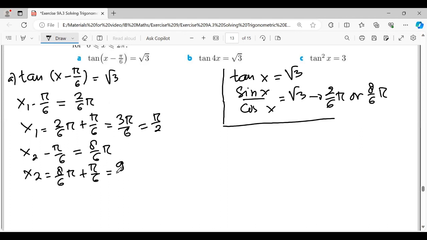That'd be 9 over 6. Simplify this. 3 over 2 pi. So x are pi over 2 or 3 over 2 pi.